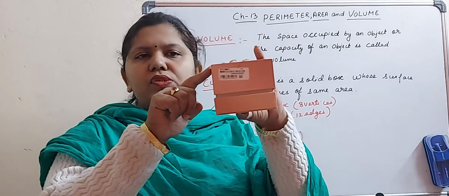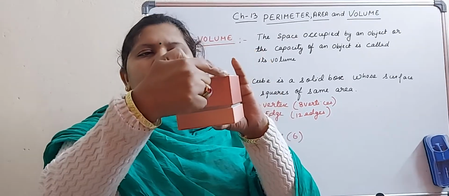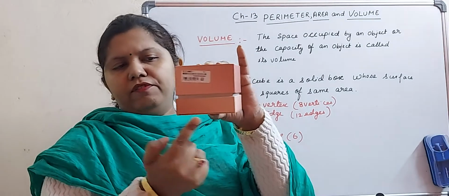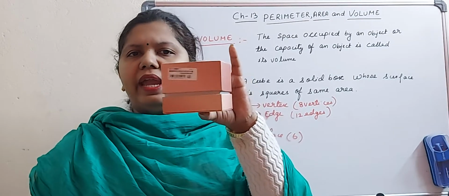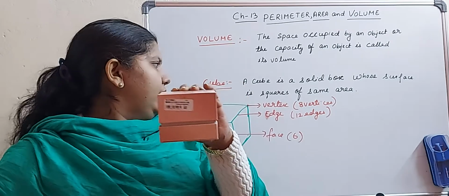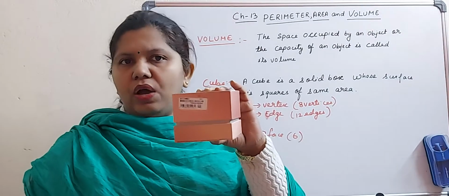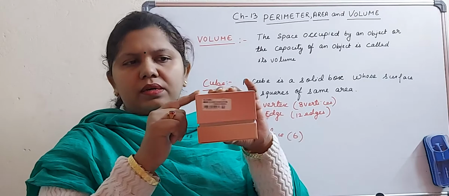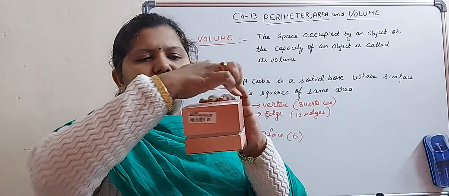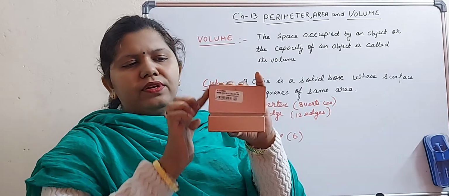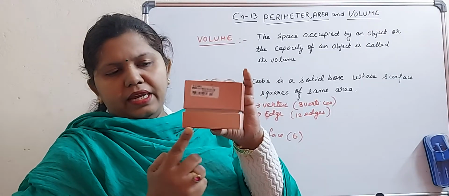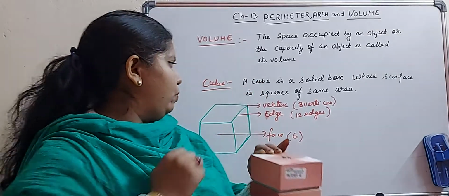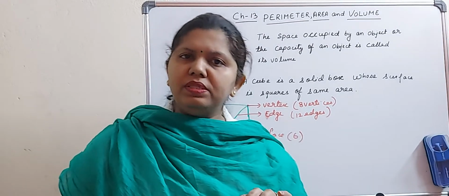How? This is 1, 2, 3, 4, 5, 6, 7 and 8. So total 8 vertices it is having. It has got 12 edges. How it is so? 1, 2, 3 and 4, 5, 6, 7, 8, then 9, 10, 11, 12. So 12 edges the cube is having.